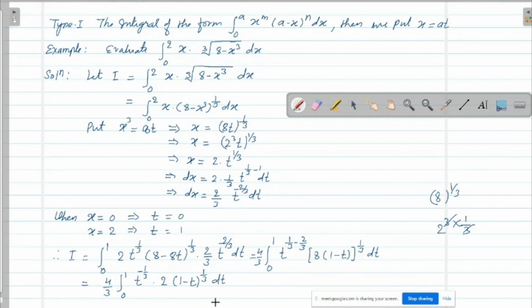So next step, this equals 4 into 2, that is 8 by 3, integration of limit 0 to 1, t raised to minus 1 by 3 into 1 minus t raised to 1 by 3 dt.